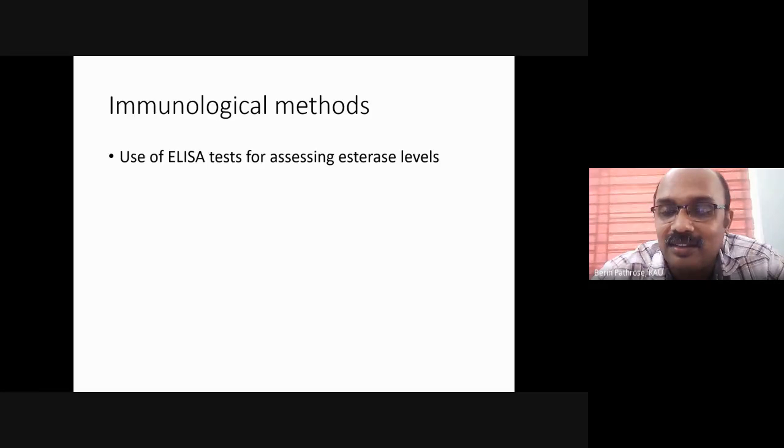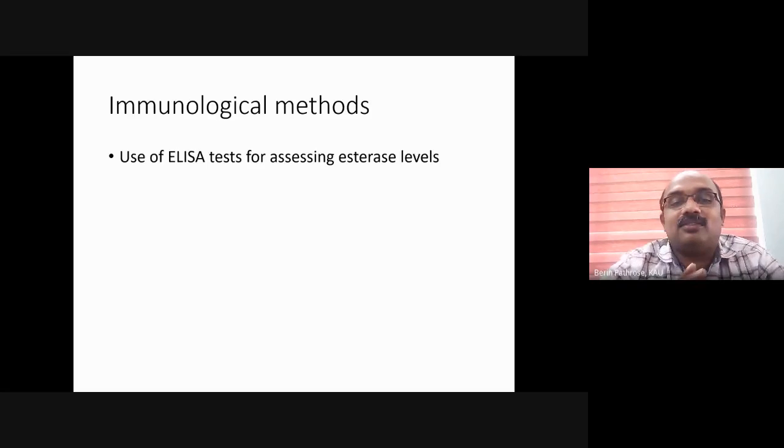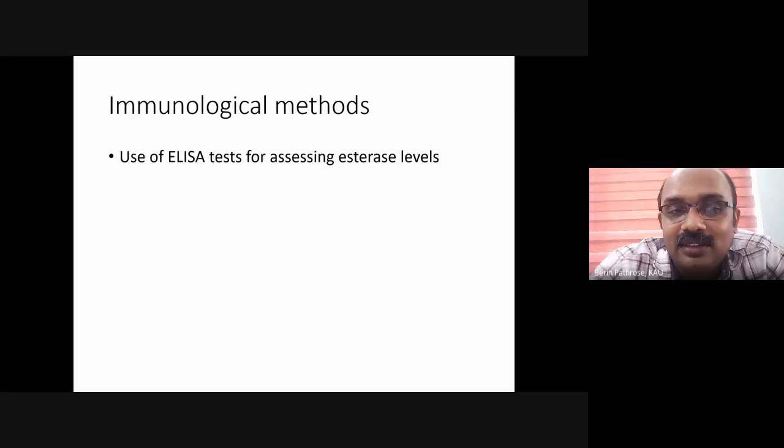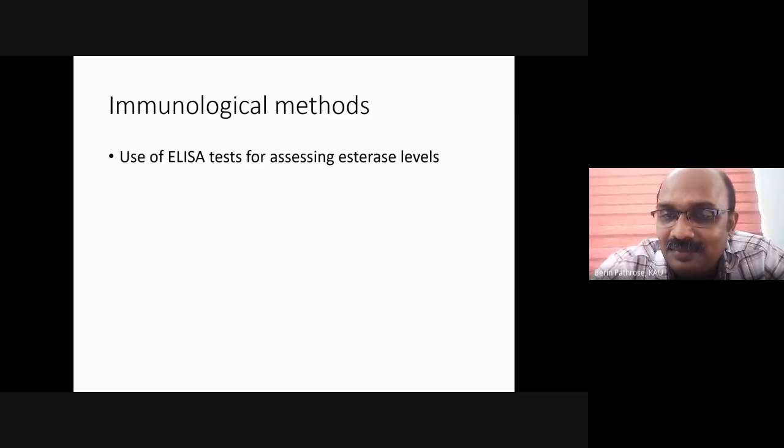Has anyone done the antigen test for corona? How does that antigen test for corona work? Someone? For every antigen there will be an antibody.